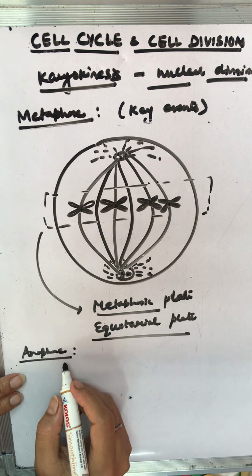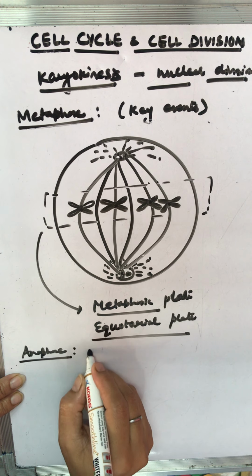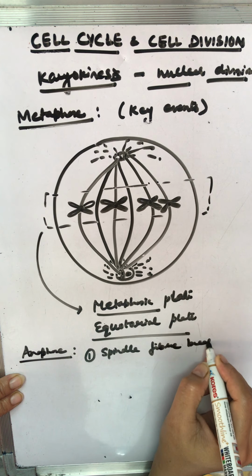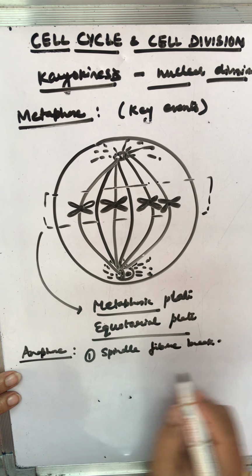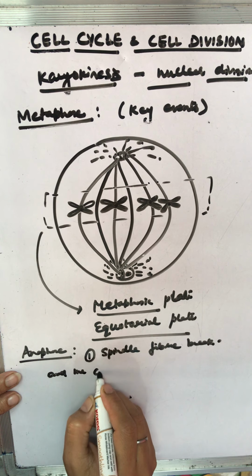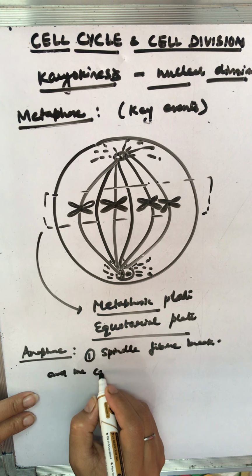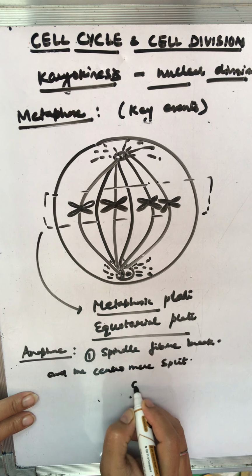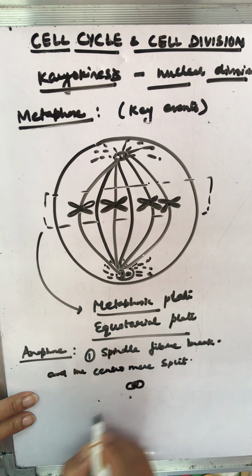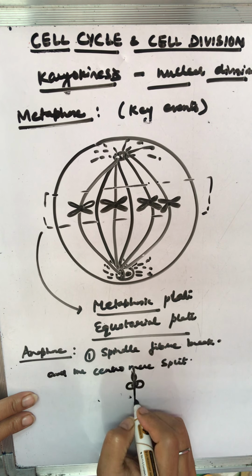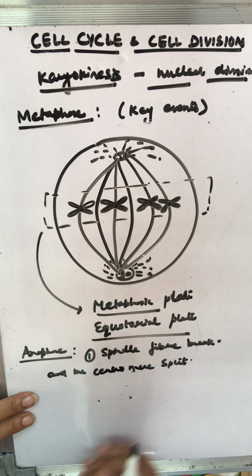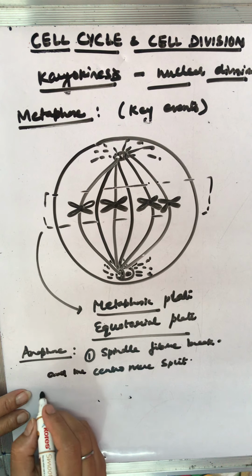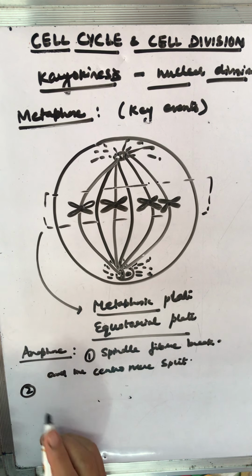First one is spindle fiber breaks, and the centromere splits. The centromere, to which the kinetochore discs are attached, and chromosomes are at the top and the bottom. So this centromere will split. Clear? What will happen if this happens? This is going to split.